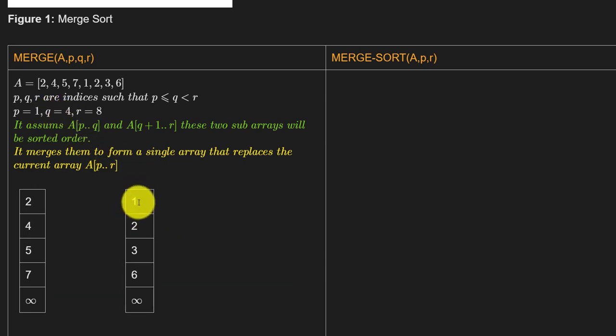If you see these elements 1, 2, 3, 6, their indices are 5, 6, 7 and 8. That means, q is 4 over here, so q plus 1, q plus 2, q plus 3, q plus 4. I'm talking about the indices, not the data, 5, 6, 7, 8.